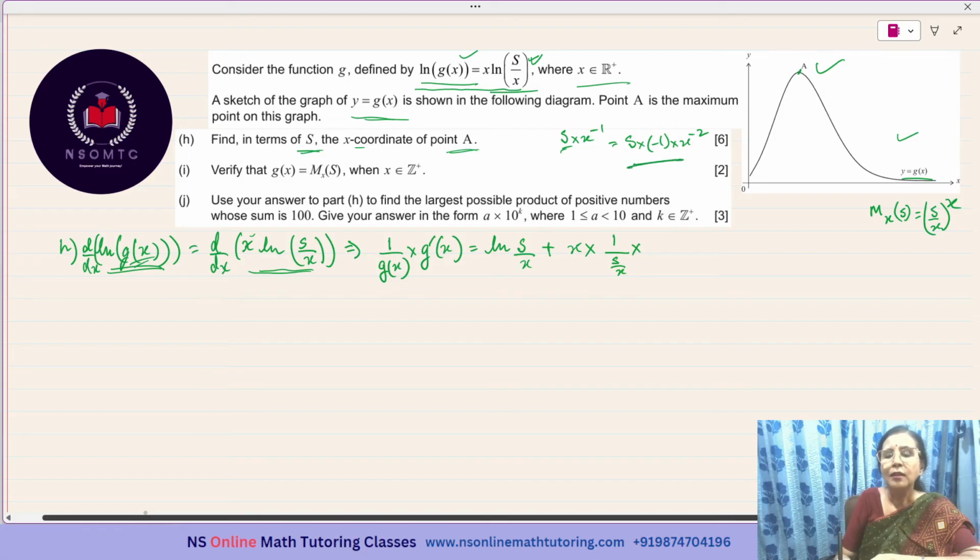This will be the derivative of the s over x part, so I can write this as minus s over x square.